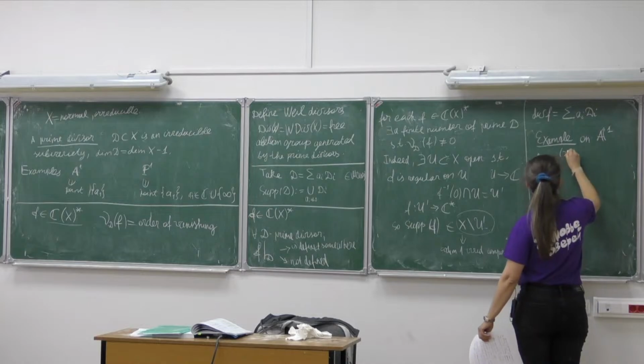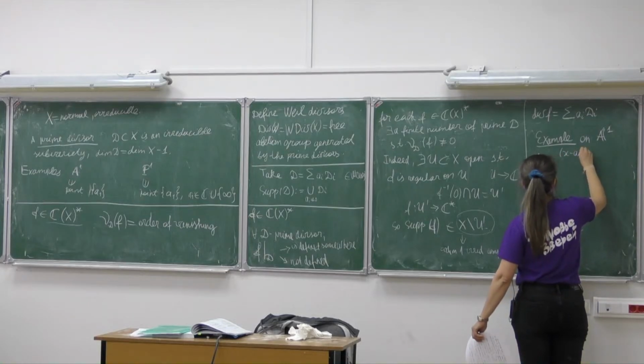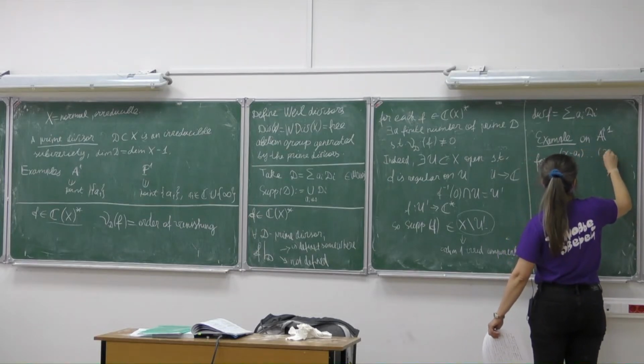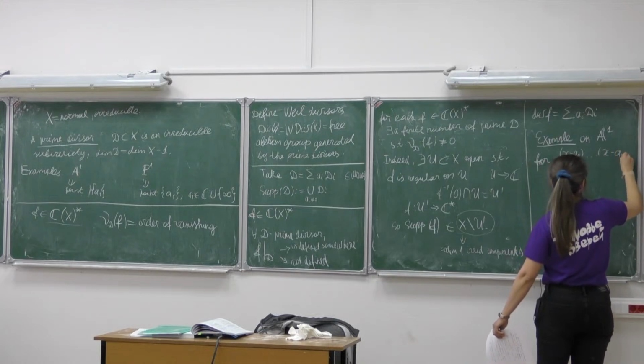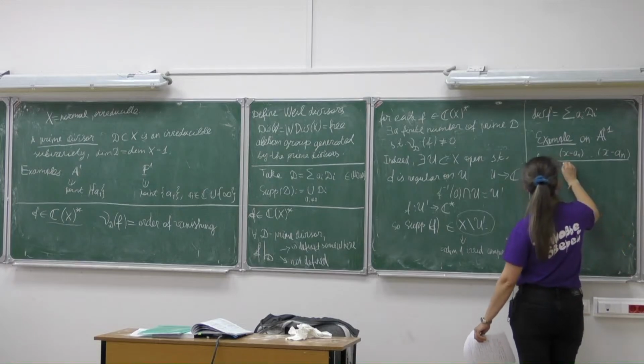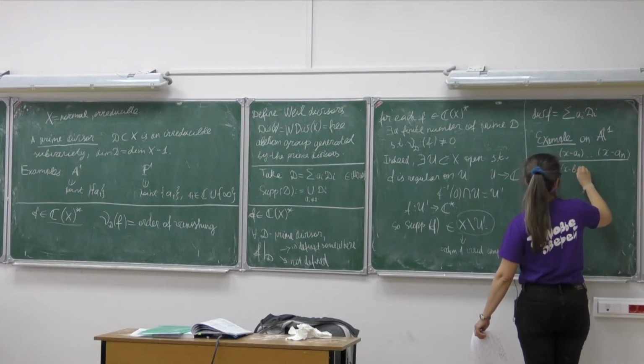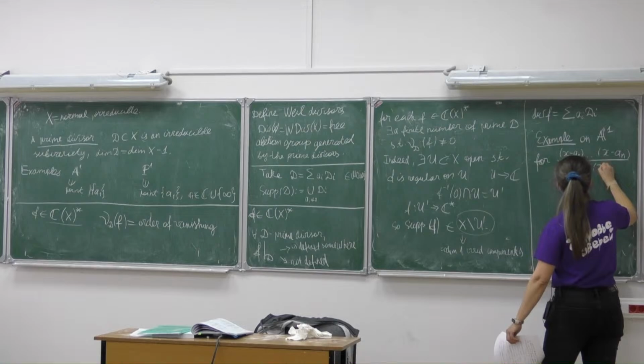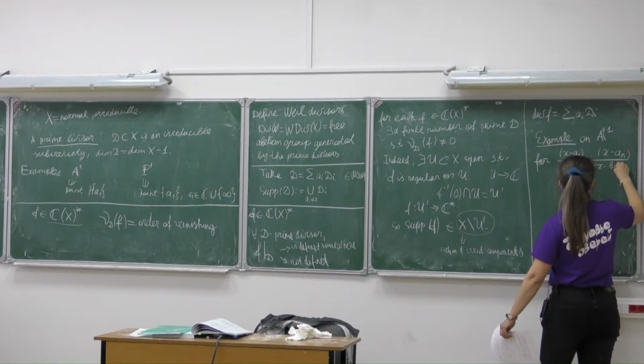I can write (x minus a1) etc. (x minus an) divided over (x minus b1) etc. (x minus bm).